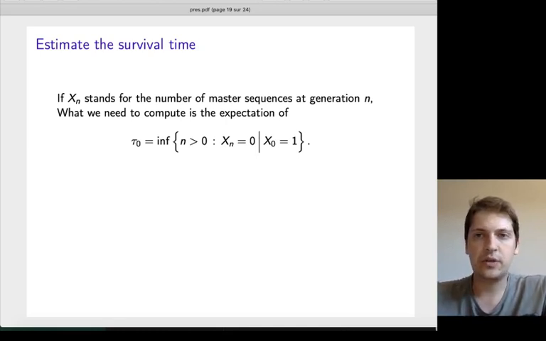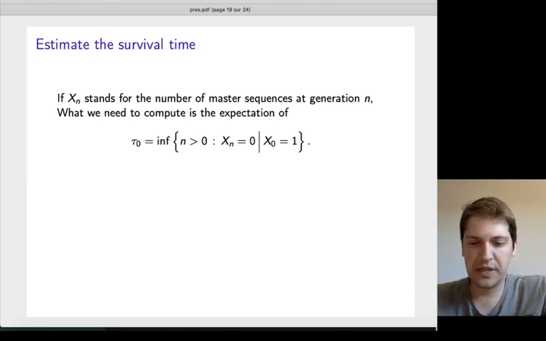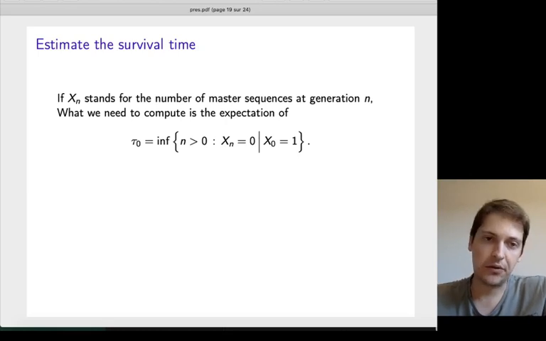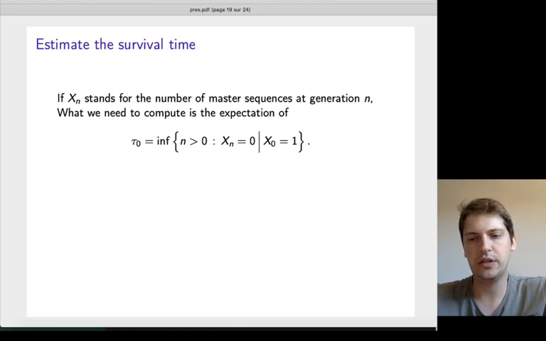But we are interested only in the number of master sequences in the population. And sadly, the number of master sequences is not a Markov chain because in order to understand the evolution of this number, you need to know the complete representation of the population.